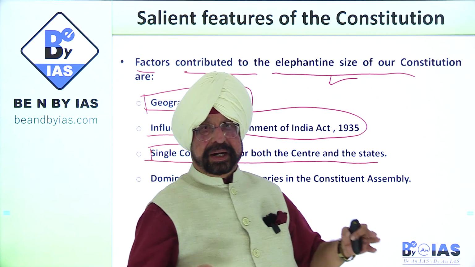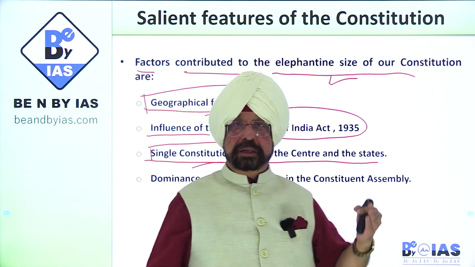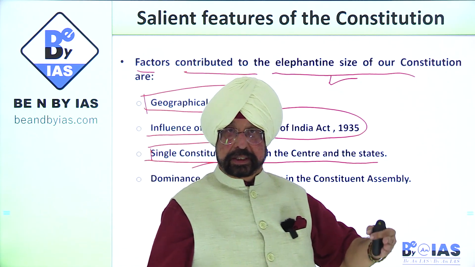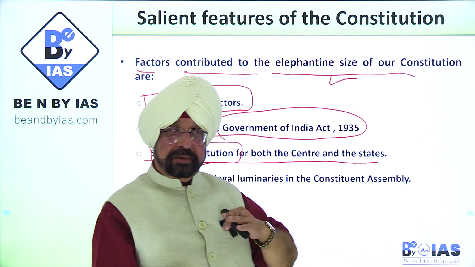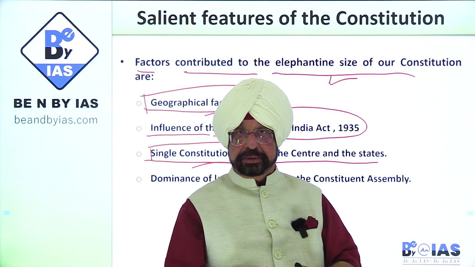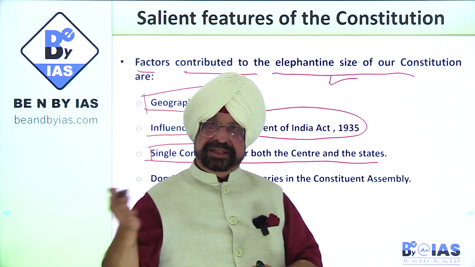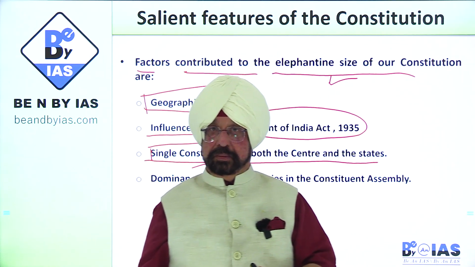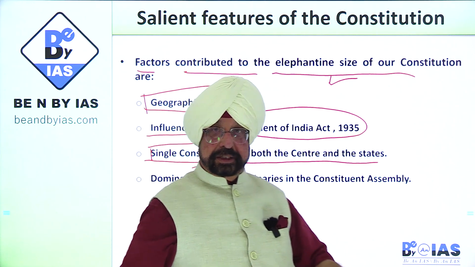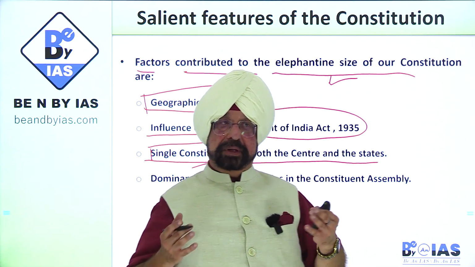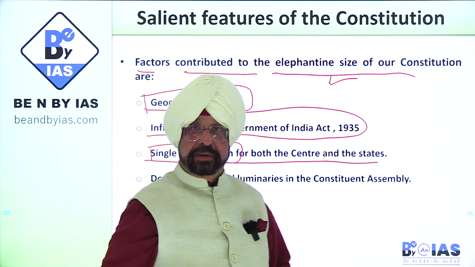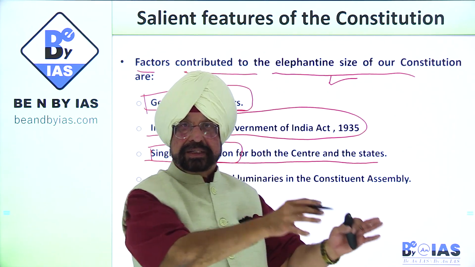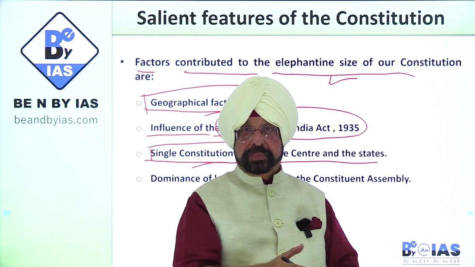These five parts contain provisions which can be applied universally, which do not much affect the center-state relations. But when we come to the president, governor, chief ministers, central government, state legislature, parliament, different constitutional authorities, and the judiciary, all these things have an effect on the center-state relations.